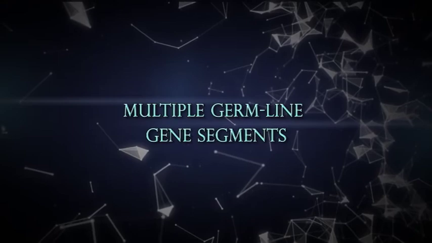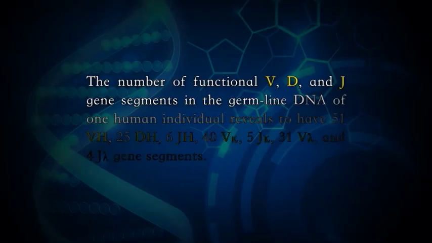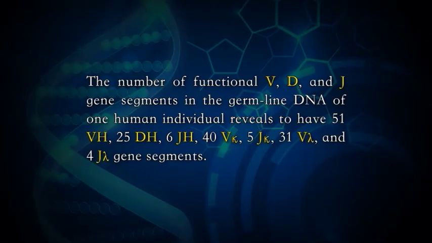Multiple germline gene segments. There are numerous germline V, D, and J gene segments which contribute to the antibody diversity. The number of functional V, D, and J gene segments in the germline DNA of one human individual is found to be 51 VH, 25 DH, 6 JH, 40 V kappa, 5 J kappa, 31 V lambda and 4 J lambda gene segments.